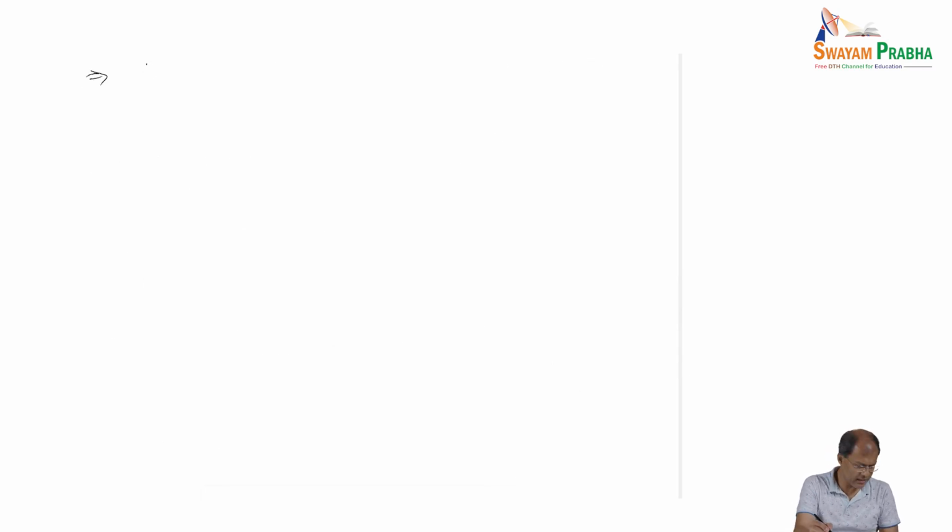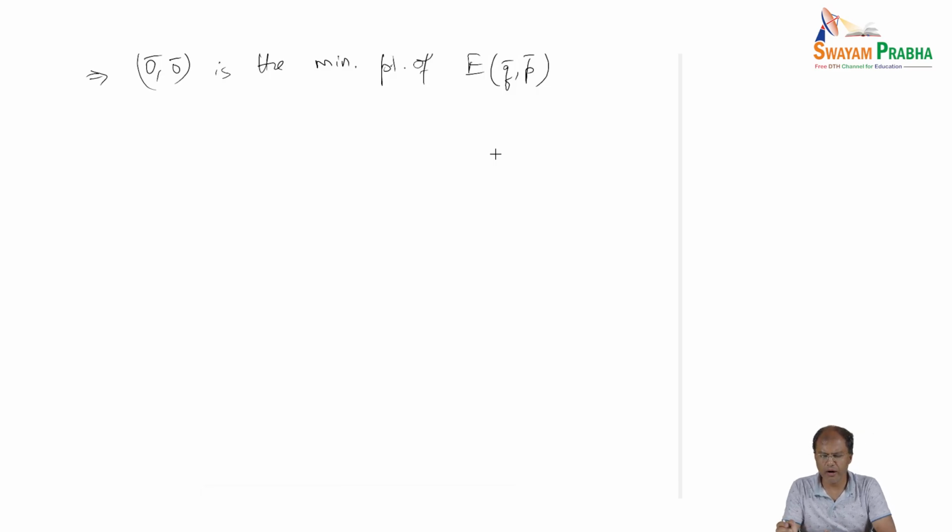We expect that 0 comma 0 is the minimum point of this energy functional E of Q comma P. We already saw that the minimum of this energy is at the Hamiltonian phase point 0 comma 0, and it is equal to 0.